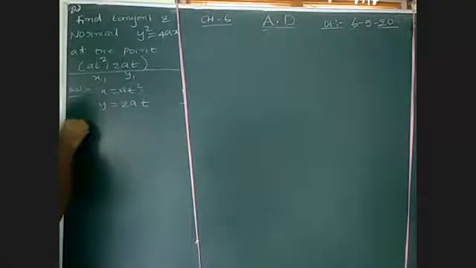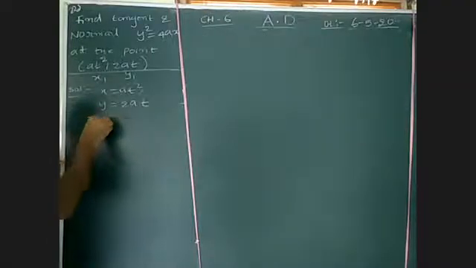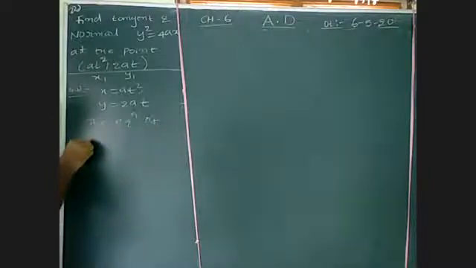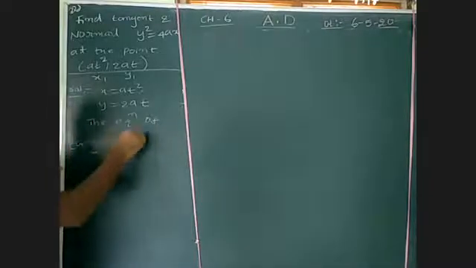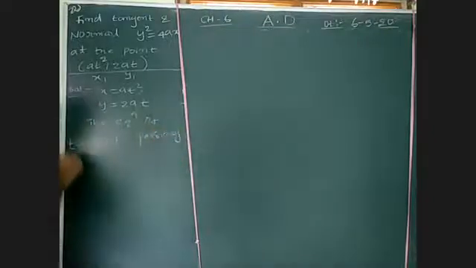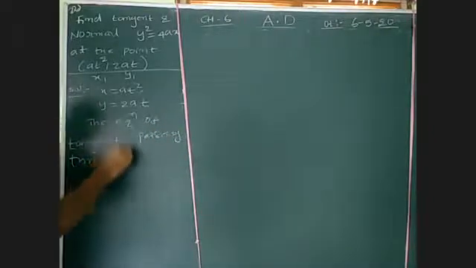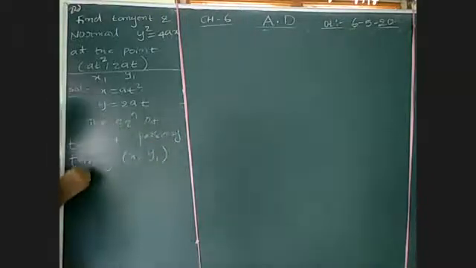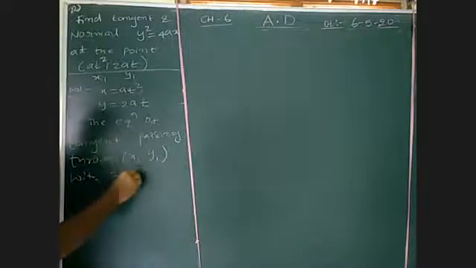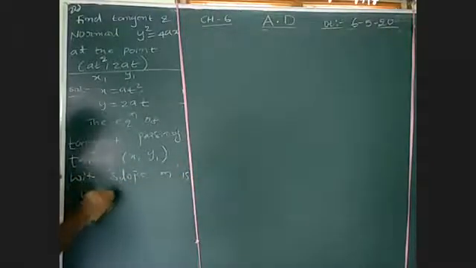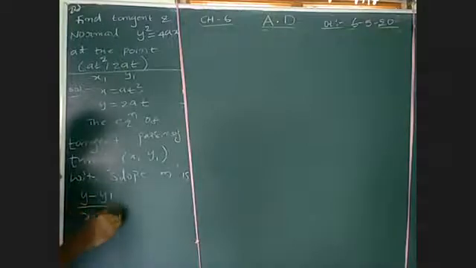So already we know that first write down the equation of tangent passing through x1 comma y1 with slope m: y minus y1 by x minus x1 is equal to m.